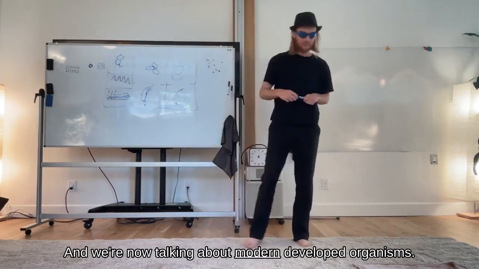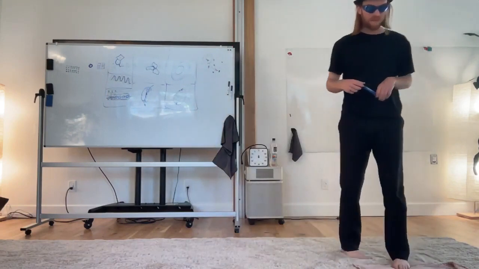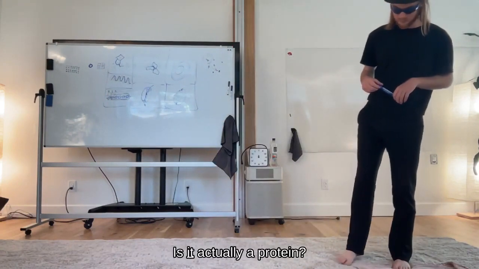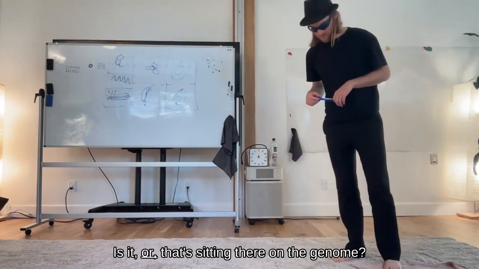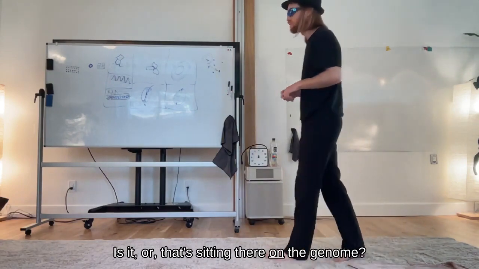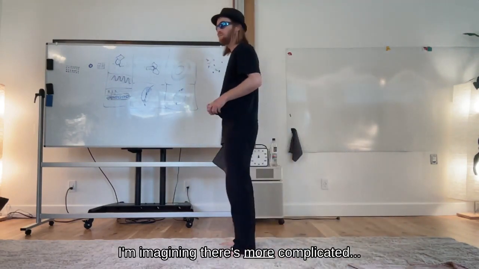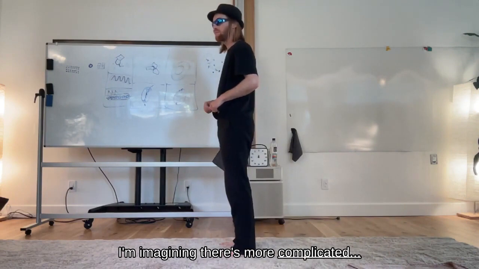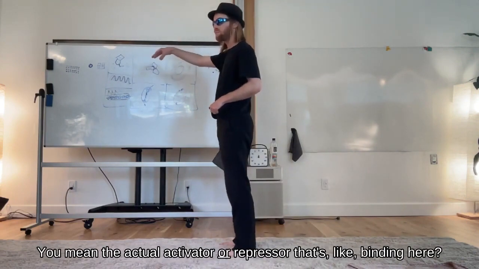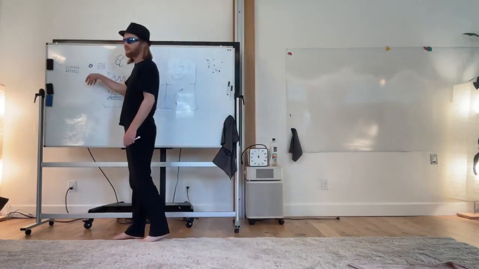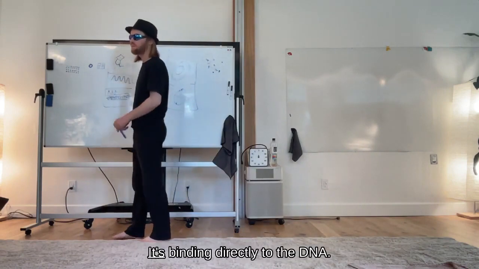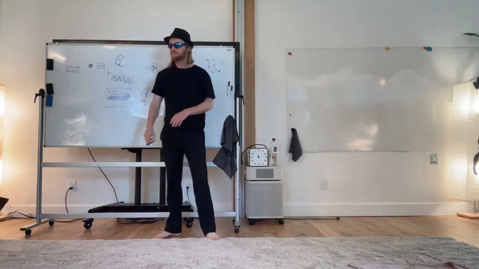And we're now talking about modern developed organisms. Is it actually a protein sitting there on the genome? You mean the actual activator or repressor that's binding here? Yeah, it's a protein that's sitting on the genome. It's binding directly to the DNA.